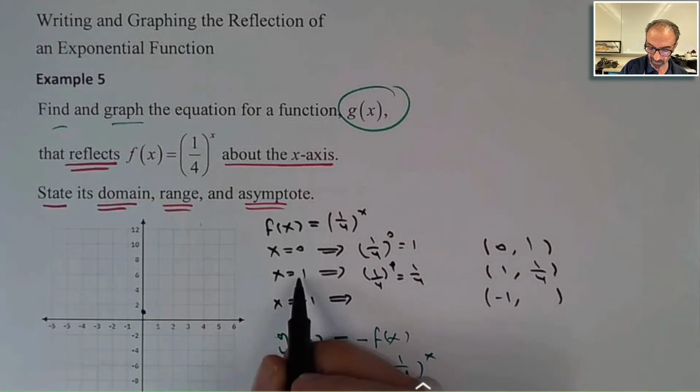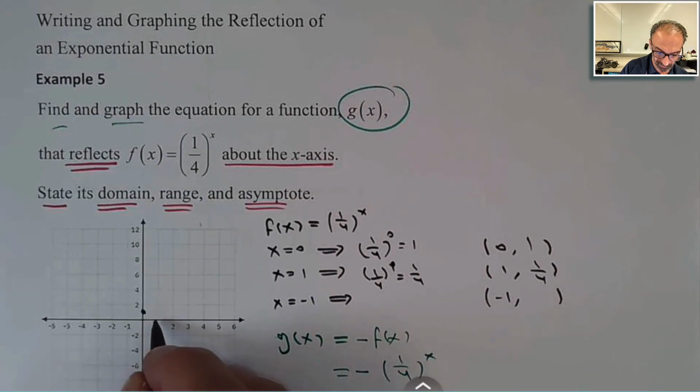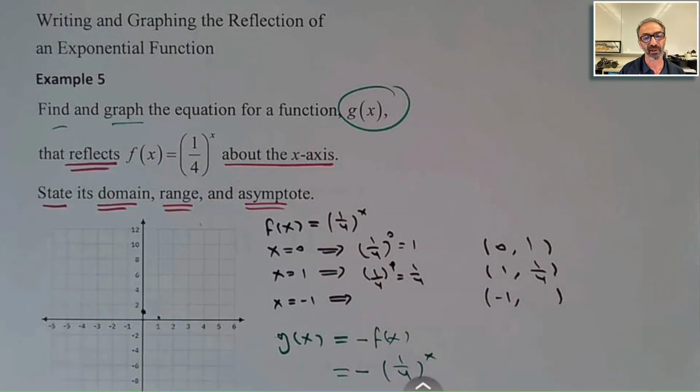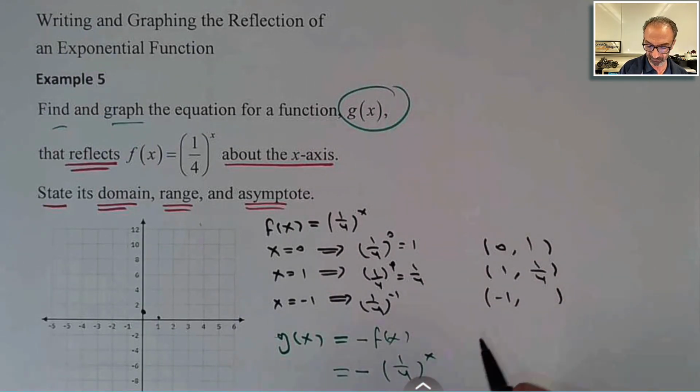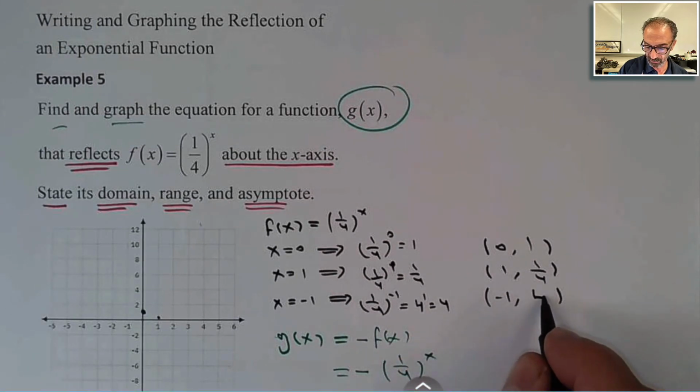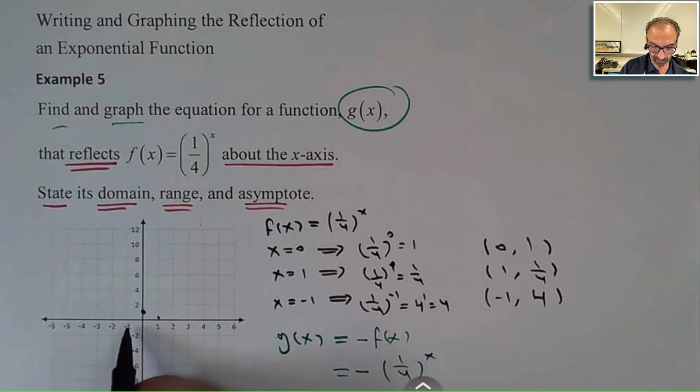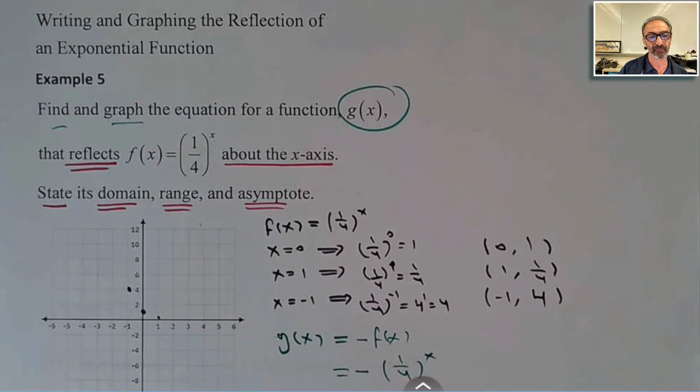So 1 will take me to a smaller number, 1/4. Negative 1 will be 1/4 to the power negative 1. Flip them, and you end up with 4 to the power 1, which is 4. So negative 1 will take me to 4, right there.